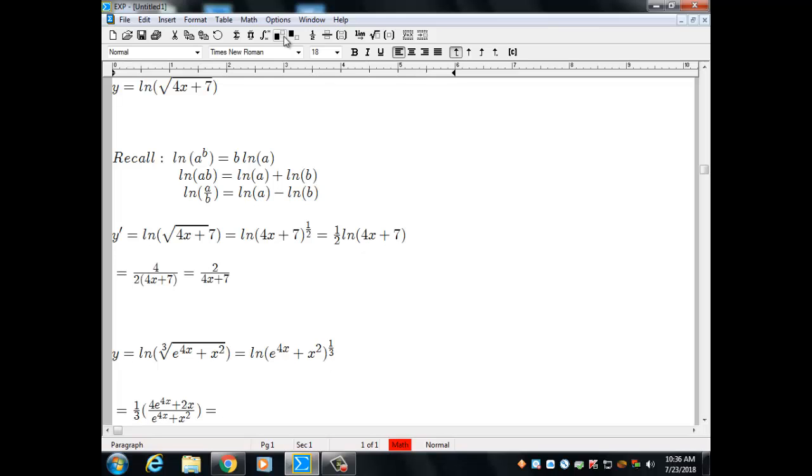Which would give us 4e to the 4x plus 2x over 3e to the 4x plus 3x squared. Is that fair? We good?